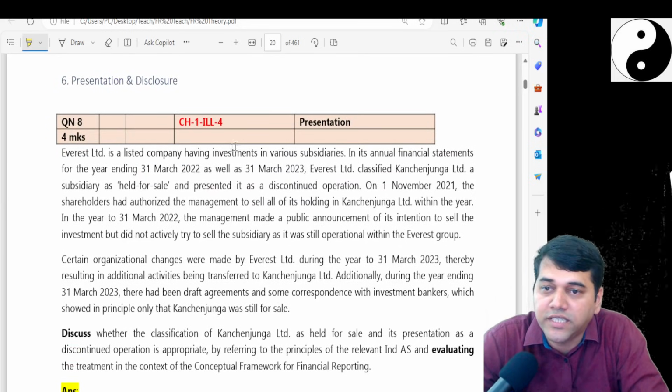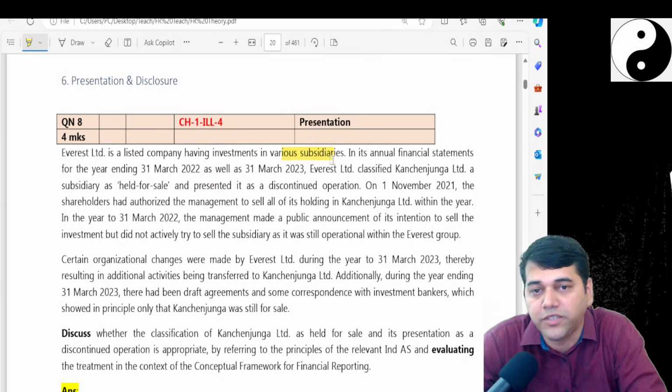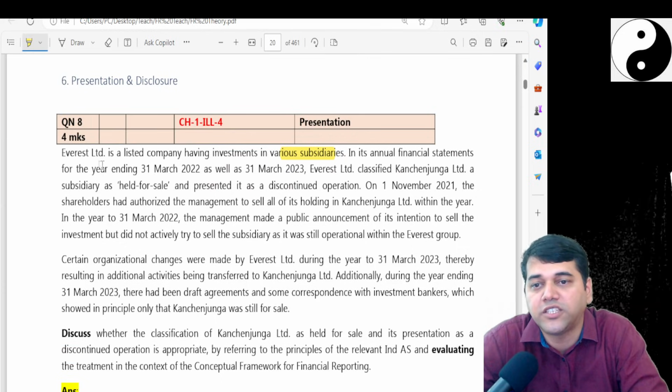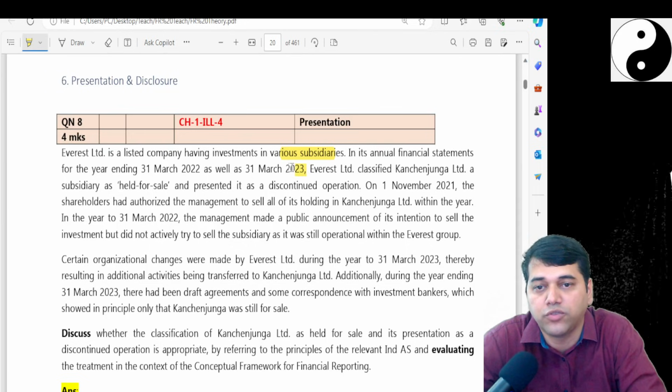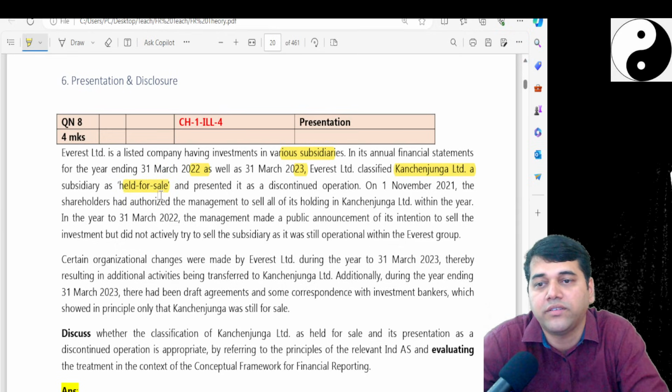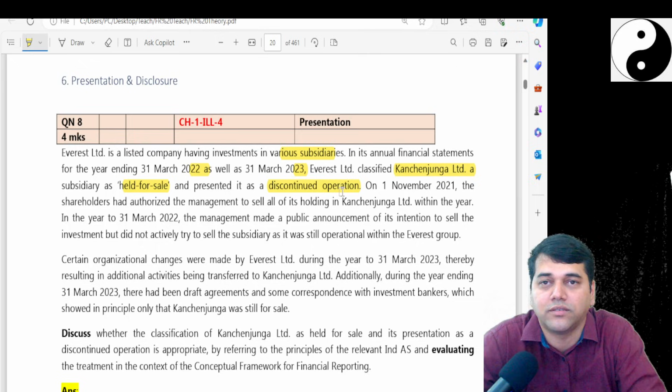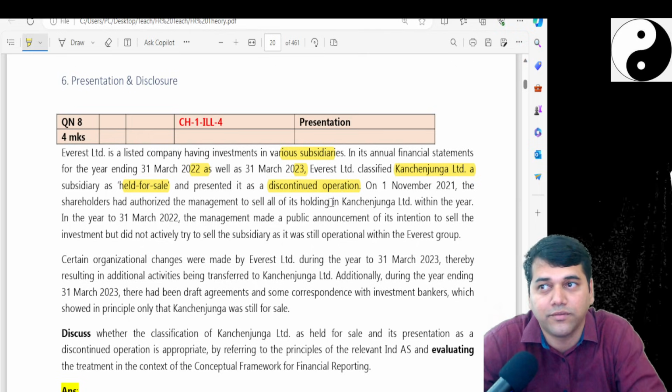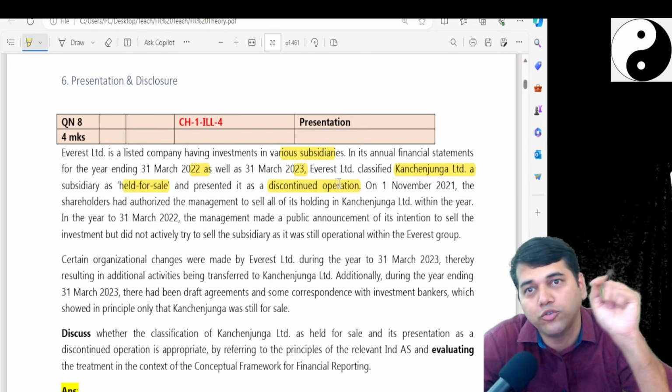Everest is a listed entity having investment in subsidiaries. In its annual financial statements for 31st March 2022 and 2023, Everest classified Kanchenjunga Limited as held for sale and presented it as a discontinued operation. Which standard? 105. So you should call 105. Can you do it?